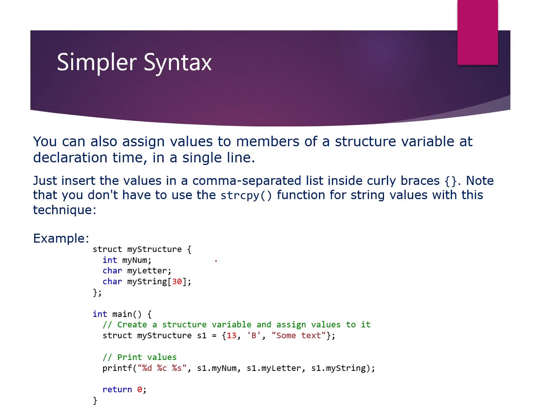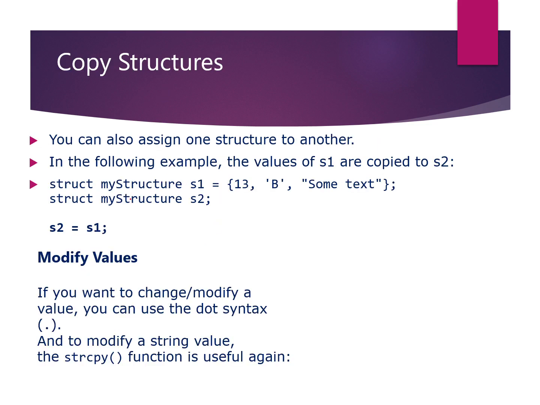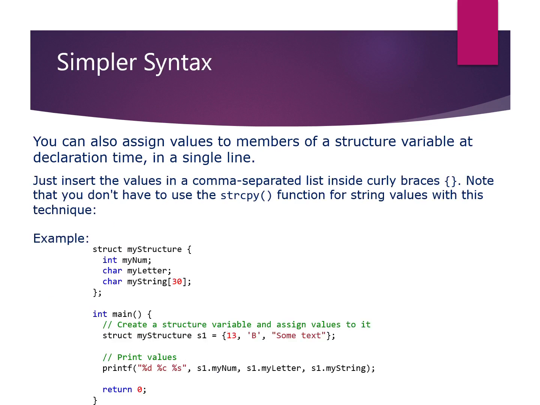So you can assign the values at the time of initialization of the object. This is also one way of doing it, a simpler version of what we saw in the previous videos.